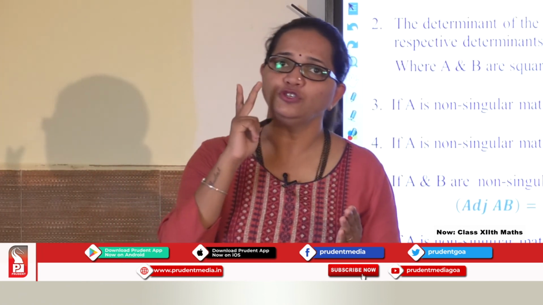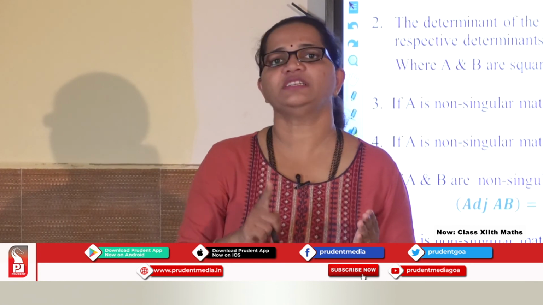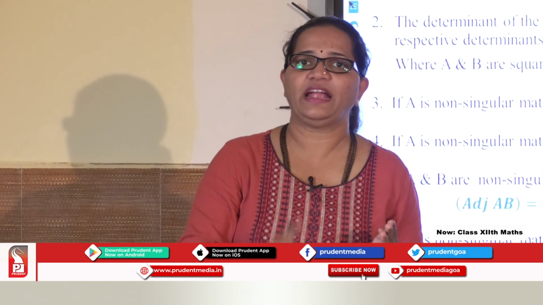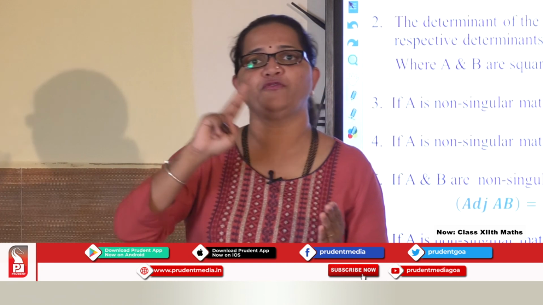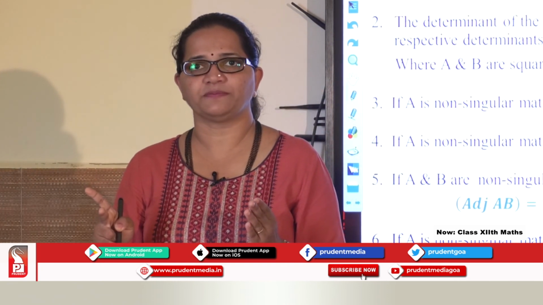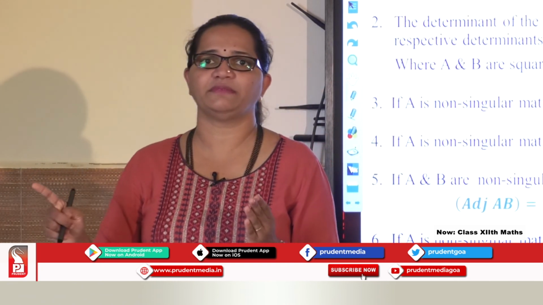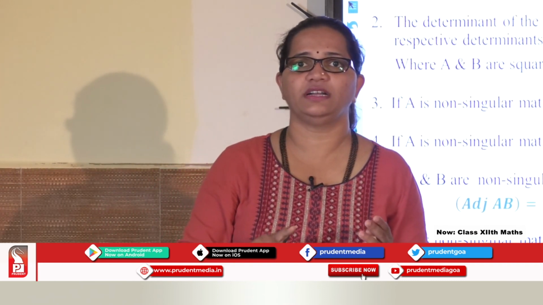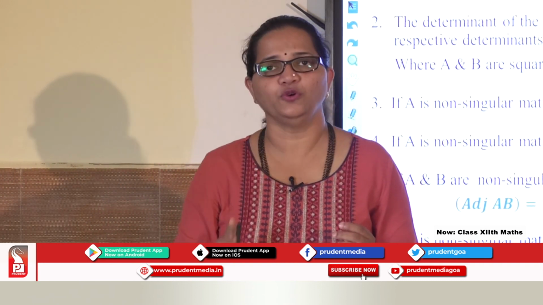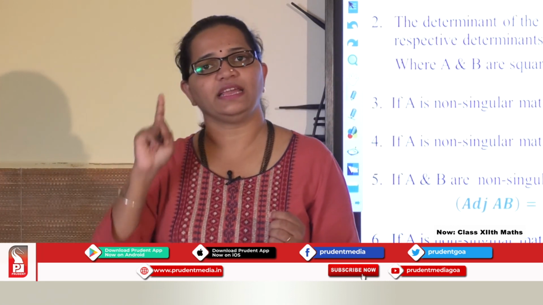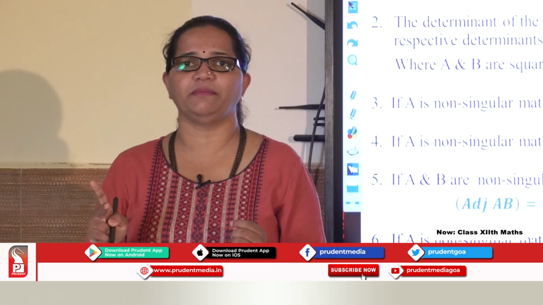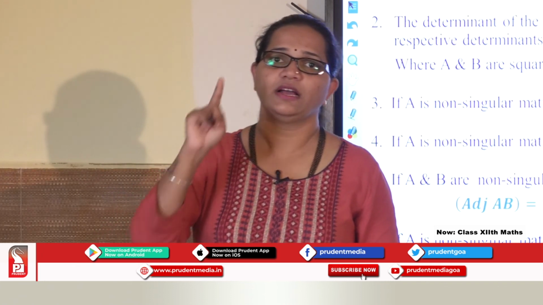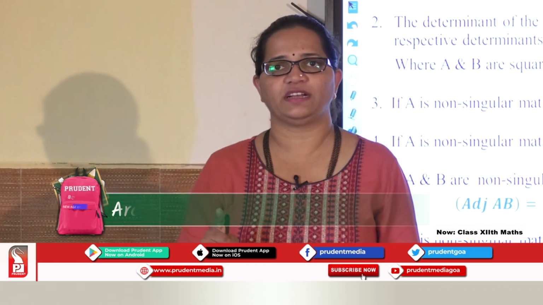There we use two methods. The first method is finding the inverse of a 2 by 2 matrix using the direct method of adjoint, and in the second method we find the inverse of a 3 by 3 matrix using minors and cofactors.